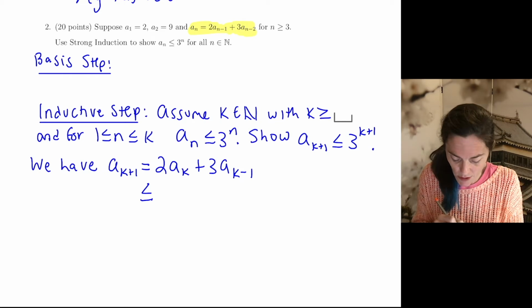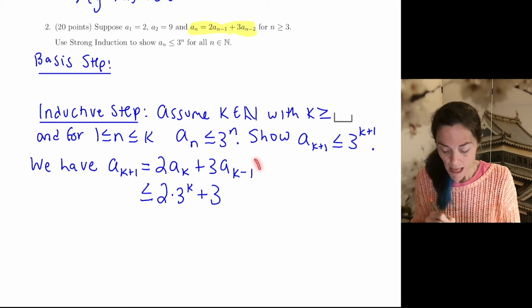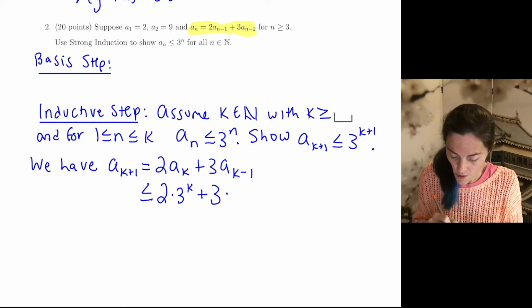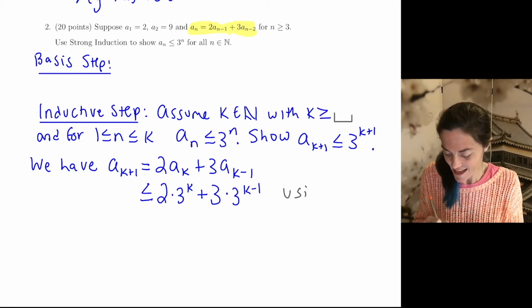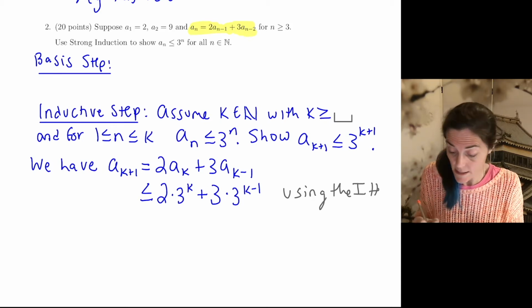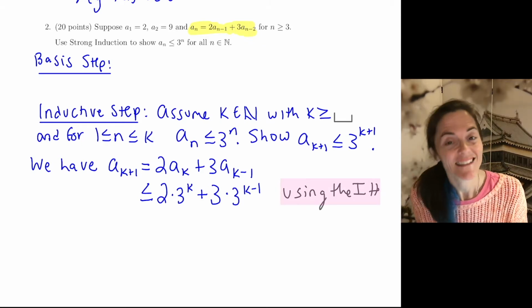So this would be 2 times 3 to the k, and then plus, now use the inductive hypothesis a second time: ak minus 1 is less than or equal to 3 to the k minus 1. Okay, so just as I was saying, we have used the inductive hypothesis, and I used it twice.